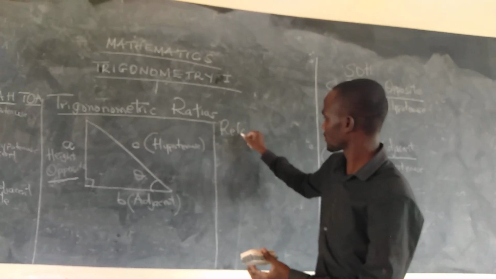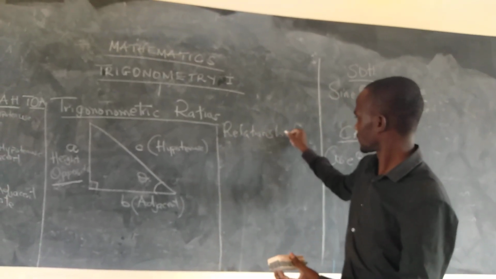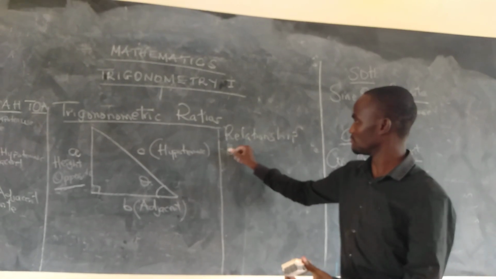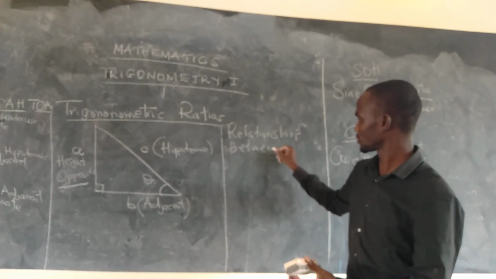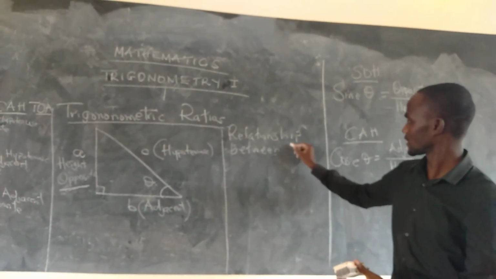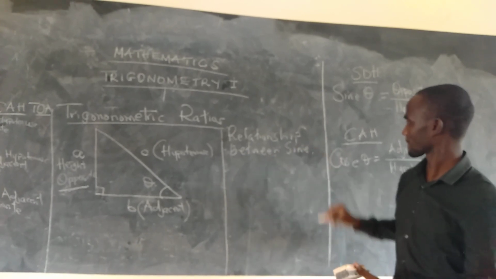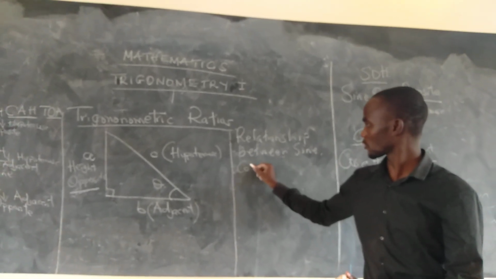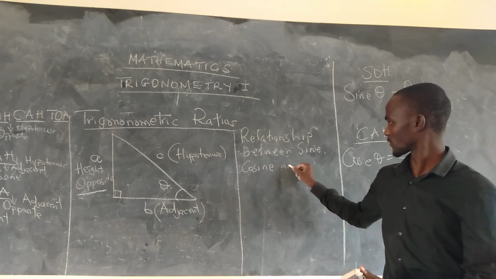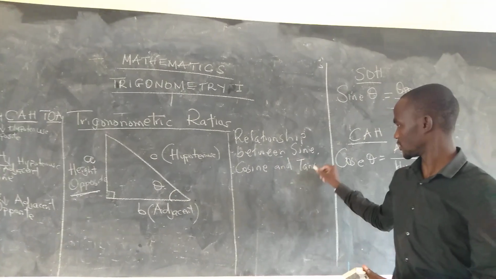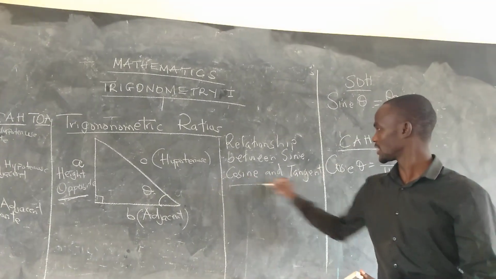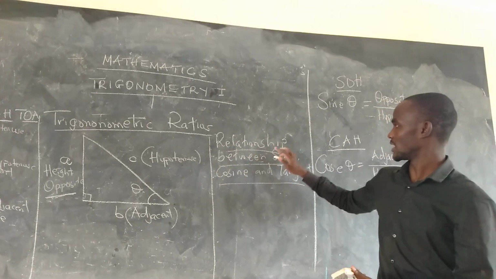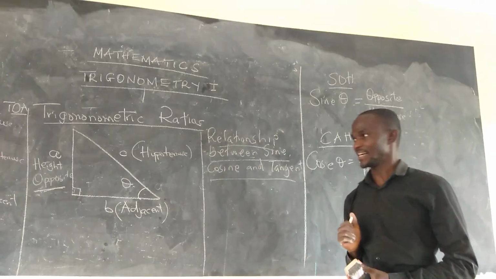Now, after we have dealt with the three trigonometric ratios, we want to see the relationship between sine, cosine, and tangent. We want to see how do these three relate.